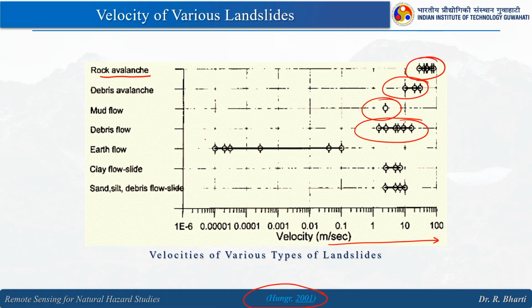Then earth flow, that could be very low to moderate, right. Then clay flow slide, that is again high. Then sand slide debris flow slide, that is again high. When we talk about this earth flow, that only has moderate velocity, right, but others have very high velocity, or the rate of movement is very, very high.